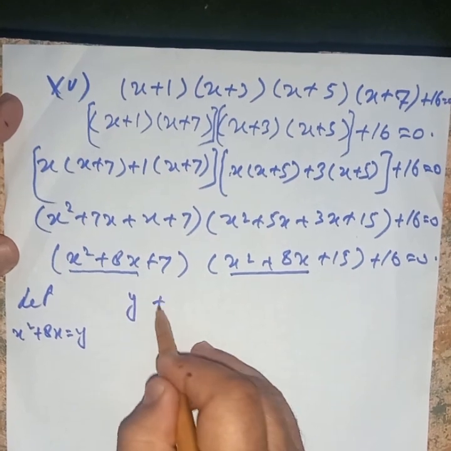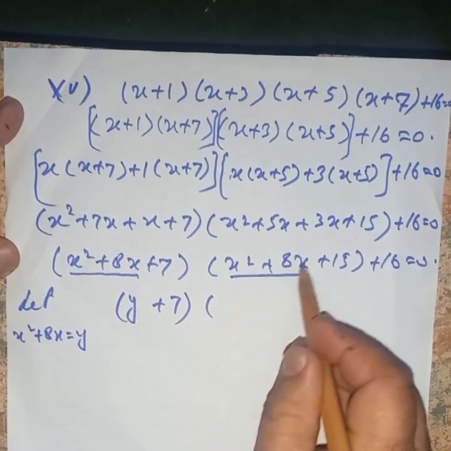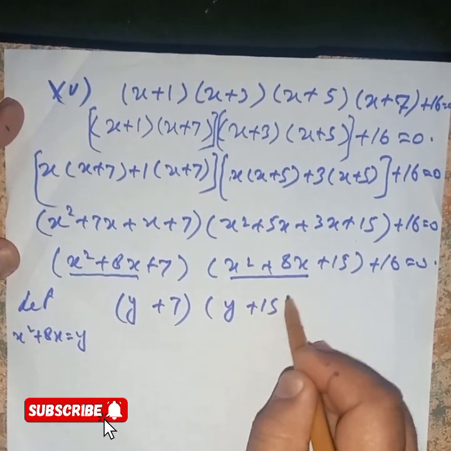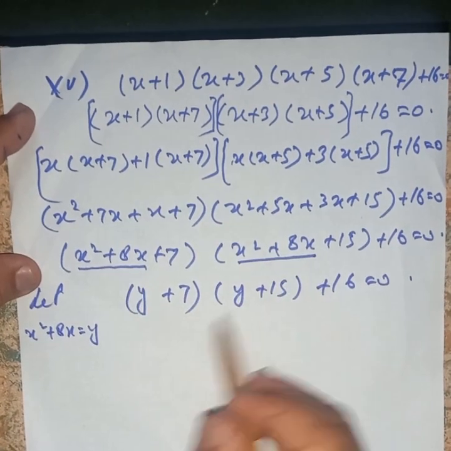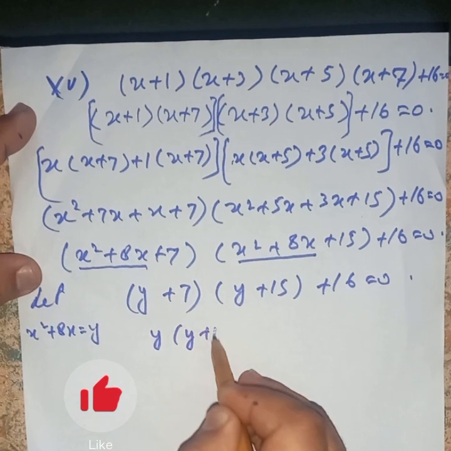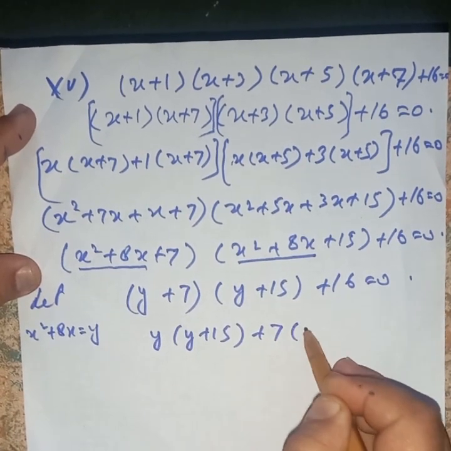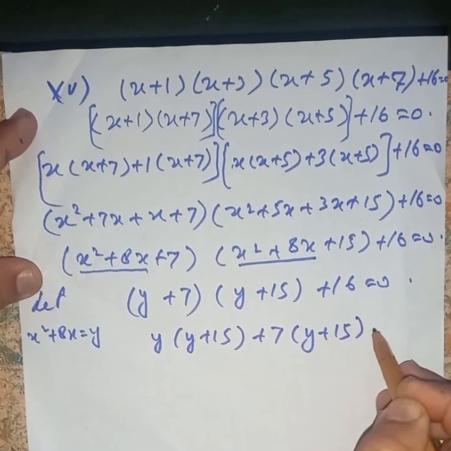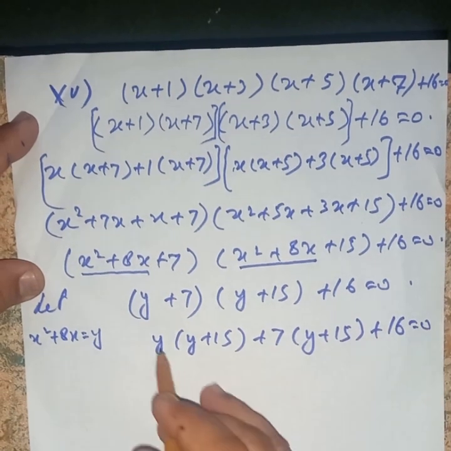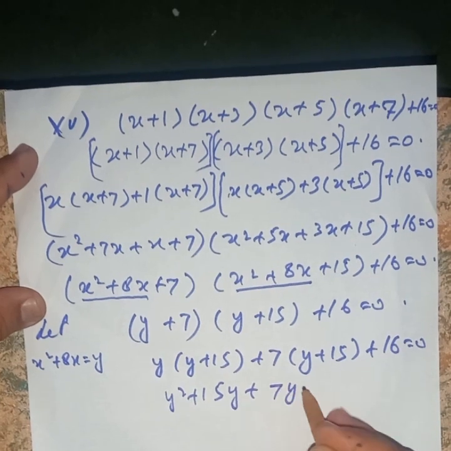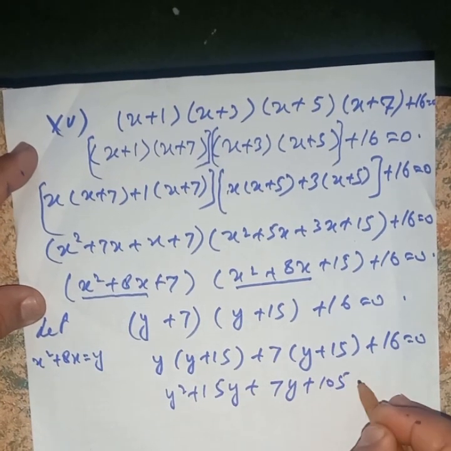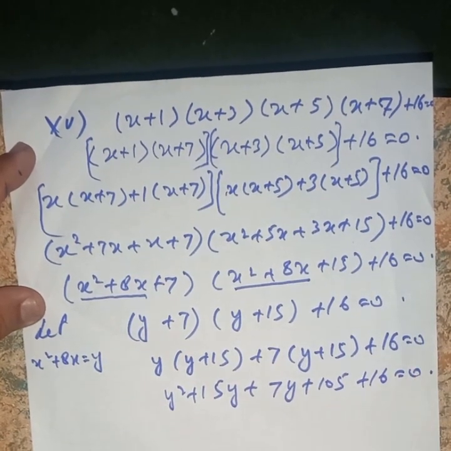Putting its value: y plus 7, and here also y plus 15 plus 16 equal to 0. Now first of all y to multiply with y plus 15, and then 7 to multiply with y plus 15 equal to 0. So y square plus 15y and 7y plus 105 plus 16 equal to 0.